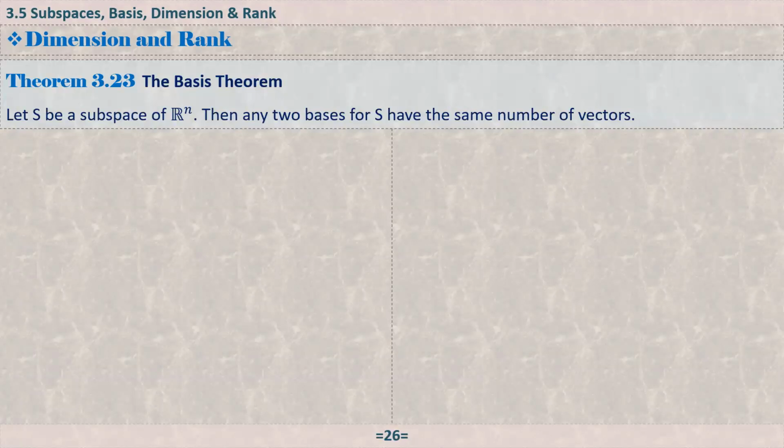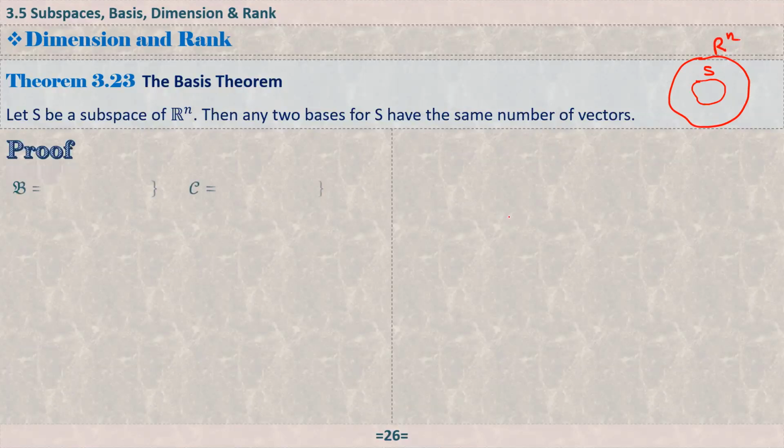If we are talking about this n-dimensional space and some subspace here, when I say subspace, you know that we immediately have to think of those three properties. Assume that we have two different bases with different numbers of basis vectors.